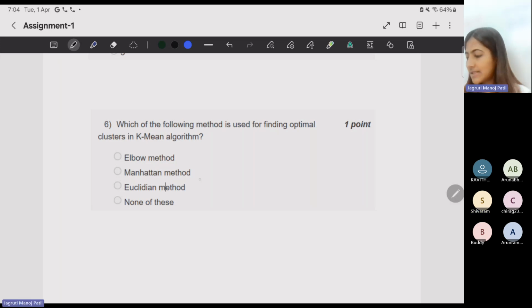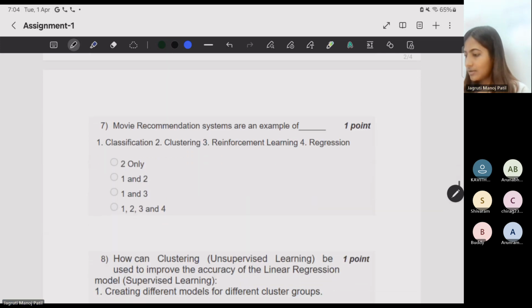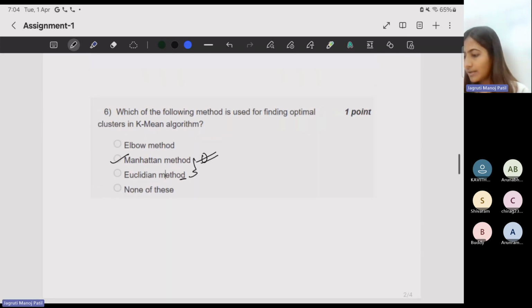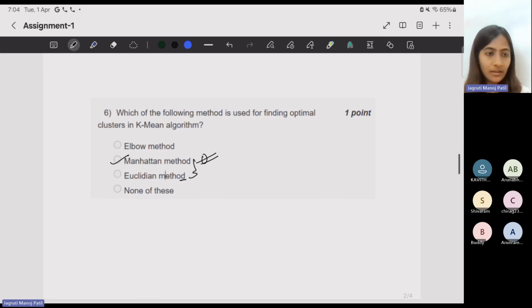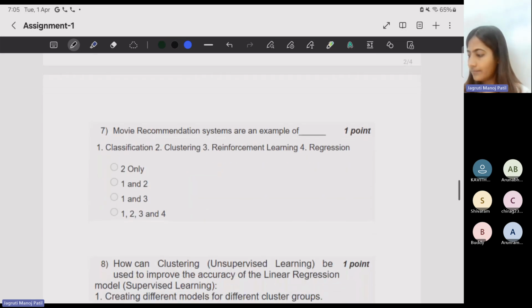Yeah, in the lecture slides it was Euclidean, but the answer key says Manhattan. So we'll have to check it. You can also check if this question is in your today's assignment, so kindly check it before answering. Probably both should be correct, but if they're looking for one answer, Manhattan is what they are saying here. But if there's something else, you can look around it.